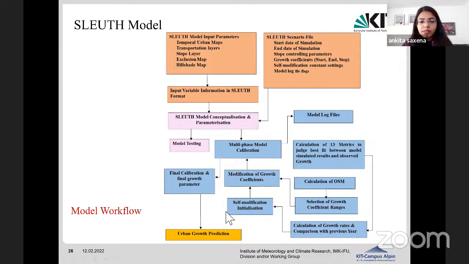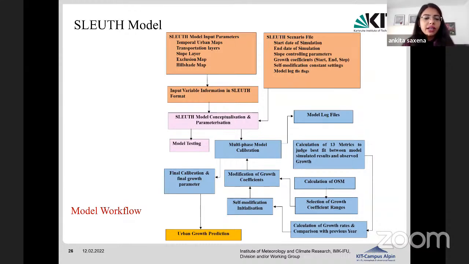After testing, this blue part is the complete calibration process, which is the crux. We refine the coefficient values of this model in a sequential and multi-phase way to obtain the best representing coefficient values against which we will predict our future.